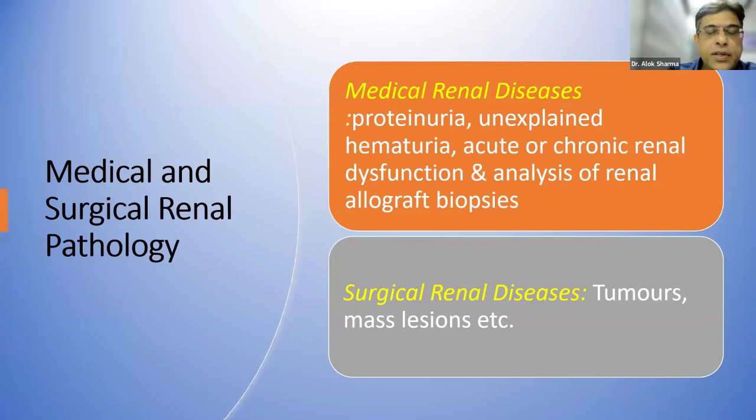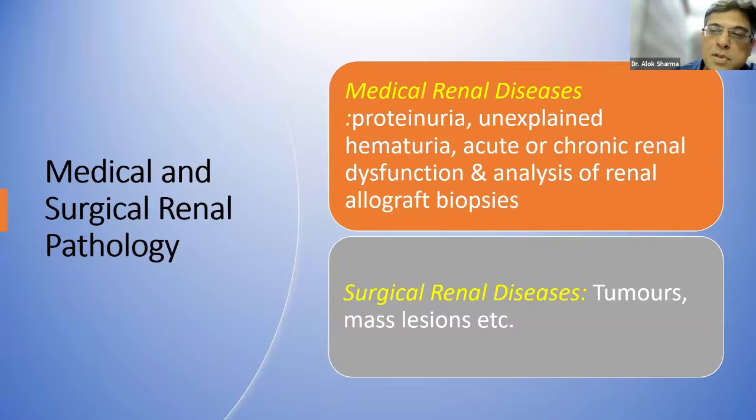Before we start, it is important to know what a renal pathologist does. When you talk about renal pathology, there are two parts of it. One is the medical renal diseases, in which you have proteinuria, unexplained hematuria, renal dysfunction. So basically all benign kinds of conditions. And as a nephropathologist, in general global parlance, we do not look at tumors.